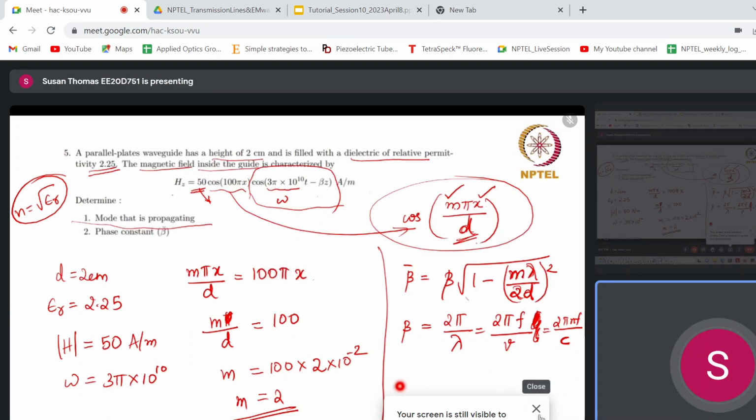Once you know beta, you substitute it in this expression. You also have to use the mode number, and the wavelength lambda needs to be calculated.